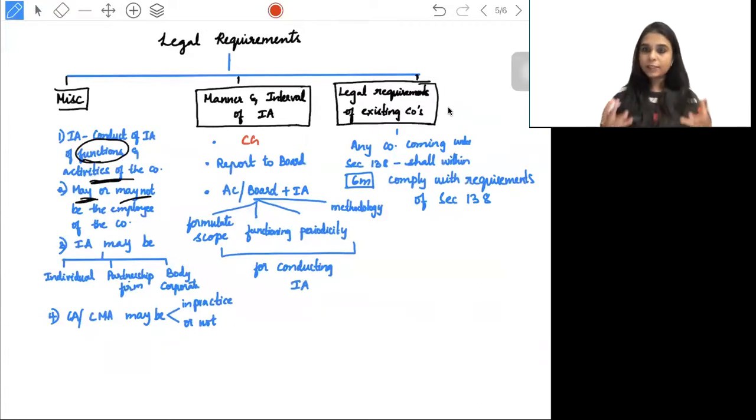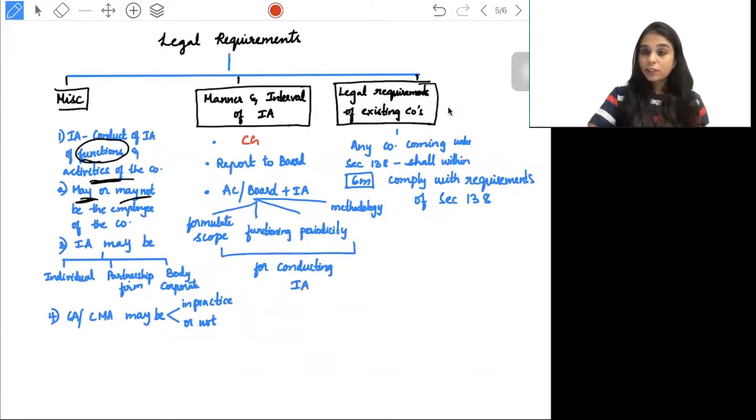Now, what does this mean? This means that even employees of the companies can be internal auditors. Like how I told you, when you're writing your pre-board exams in your school, your own teachers are going to correct your papers, right? So that is the reason, connecting these two. So an internal auditor can also be the employee of the company. Okay, it is not necessary, but they can be the employees also.